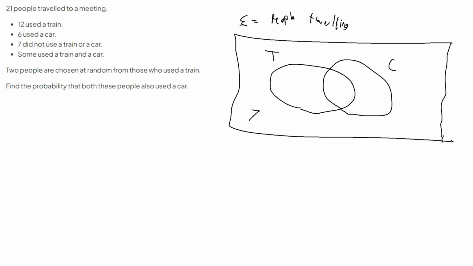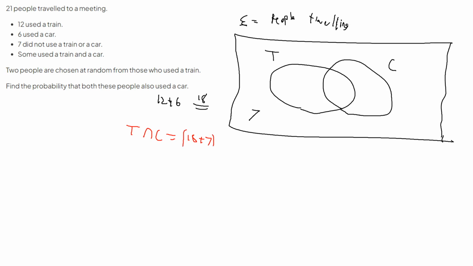We know that 12 plus 6 is 18. Right? And we know that there are 21 people in total. Okay? So all we need to do to find the intersection, T intersection C, that's just going to be 18 plus 7, right?